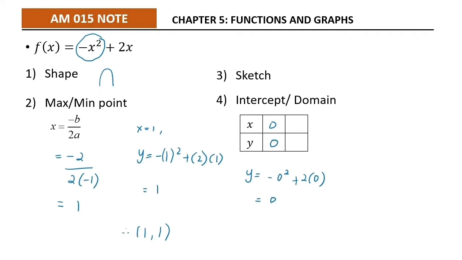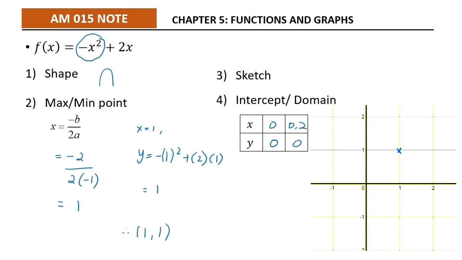And then when y equals 0, negative x squared plus 2x equals 0. So negative x times (x minus 2) equals 0, x equals 0 and x equals 2. Okay? So when y equals 0, x equals 0 and 2.